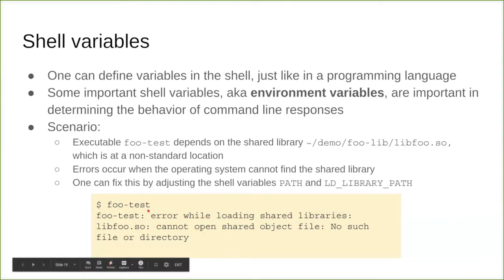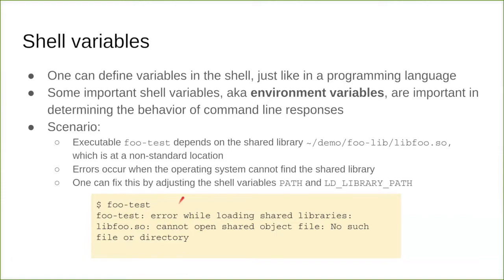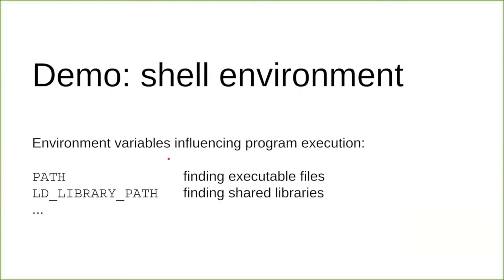Let's see in the demo what the cause is and how to fix it. The fundamental reason is that some of the environment variables are not defined properly, so the default behavior cannot execute your executables. So let's see the next demo.